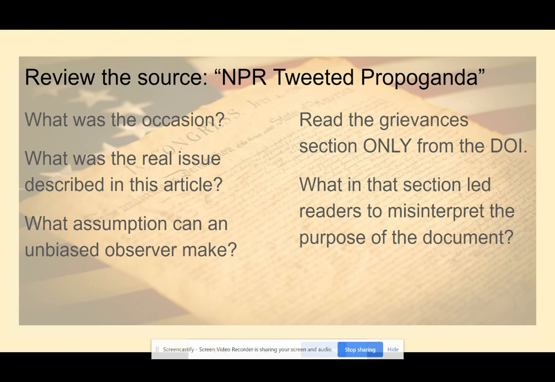NPR, which has a tendency to lean left, probably just did it to make that point. However, people got a lot more upset, I think, than they expected. So, what is it that led readers to misinterpret it? Is there anything in the tweets in the document?